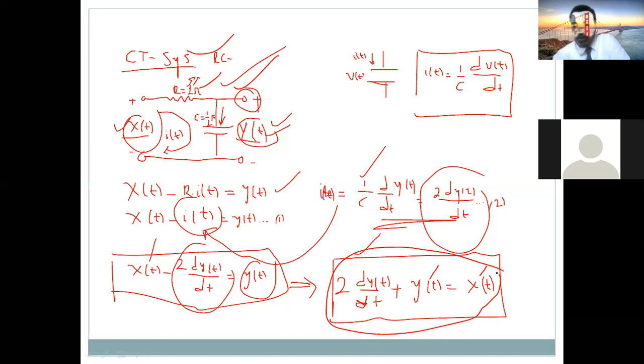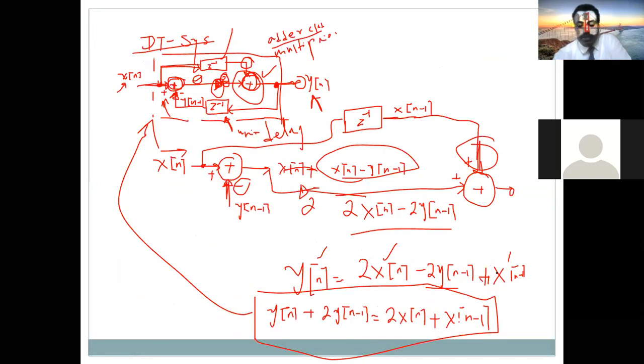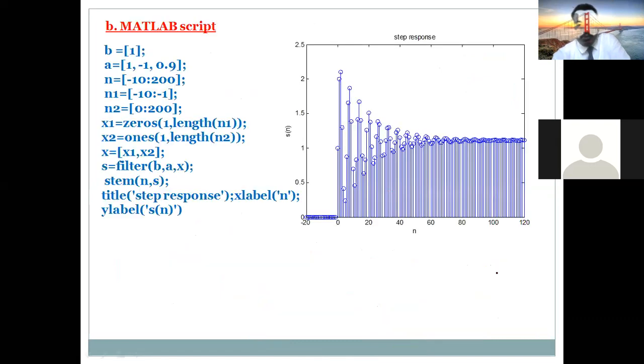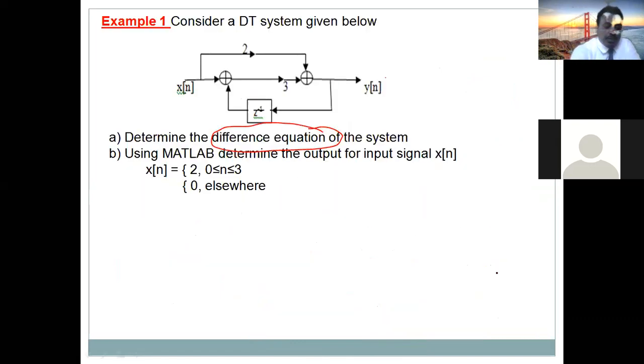It can be first order, second order, and so on. Similarly, for discrete time systems, it can be a first order difference, not differential, second order difference, or third order difference equation. Let's see one more example of how to develop this difference equation for this system.